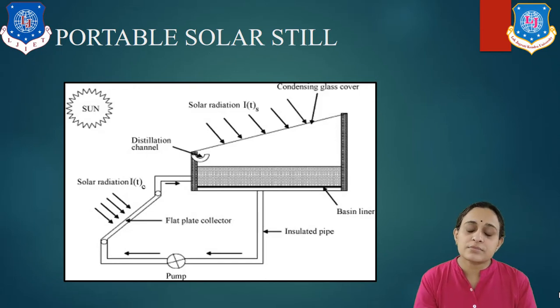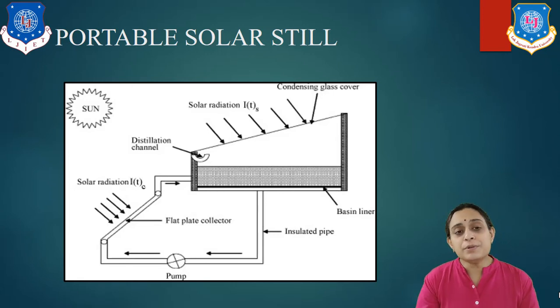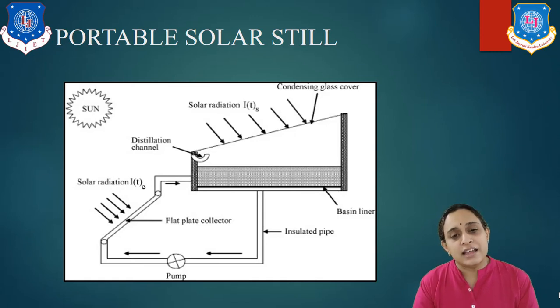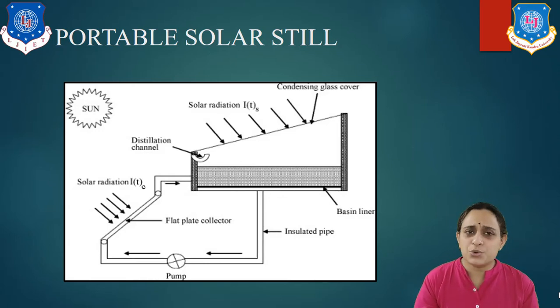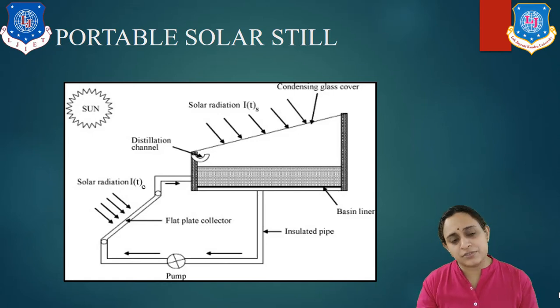Now, the portable solar still, which you can make at your home also. Portable solar stills are made from reinforced plastic in the form of a shallow water tank, having an area of about 1 to 2 square meter, which is very small, and a depth of about 10 to 20 centimeter. Now, insulation is provided around the tank and the airtight container which has the glass cover.